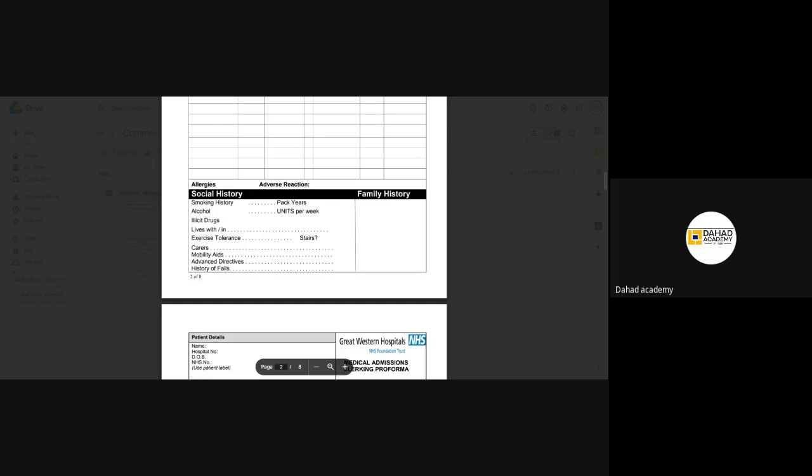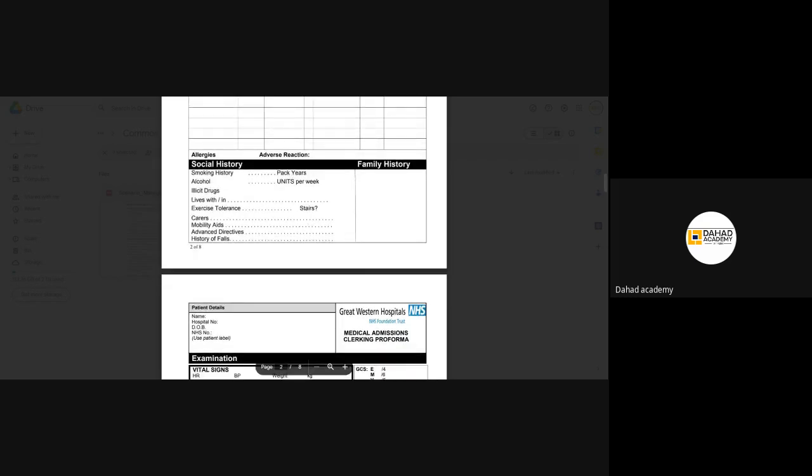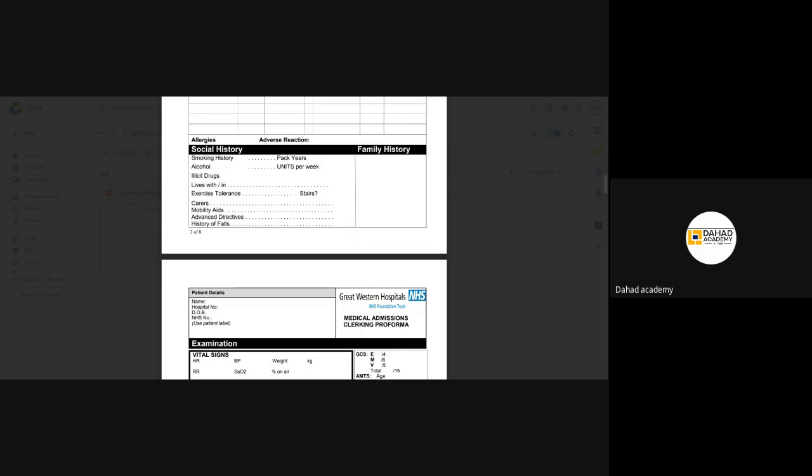She is on metformin, sitagliptin, apixaban for AF, and what's the dose as well, 5 milligram or 2.5 milligram twice daily, and she is on some Parkinsonism medication as well. Take the smoking history, where she lives, how many carers again here, and if there is any mobility aid.